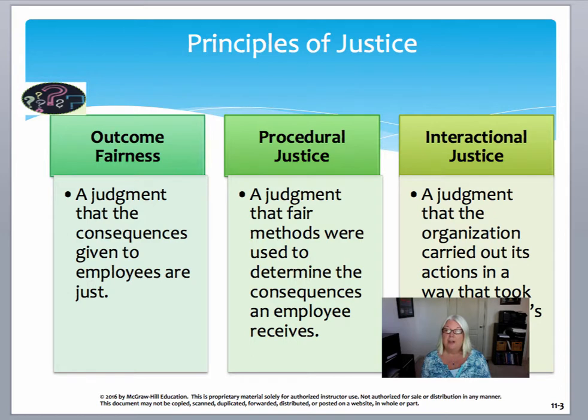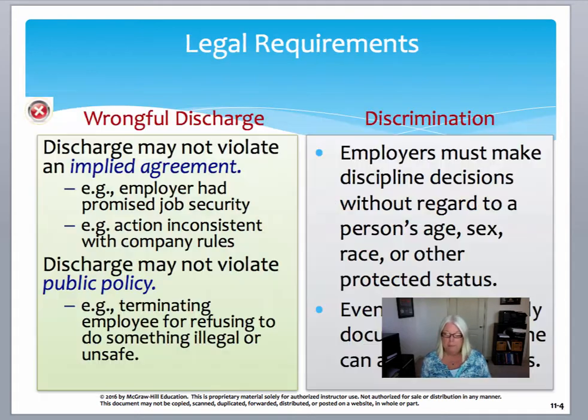And lastly, interactional justice is where the organization carries out the actions, the discipline or discharge, in ways that take the employee's feelings into account. Because when these things are done, it's a good idea to not be personal about it, and to allow the employee to have as much dignity and say in the situation as possible.